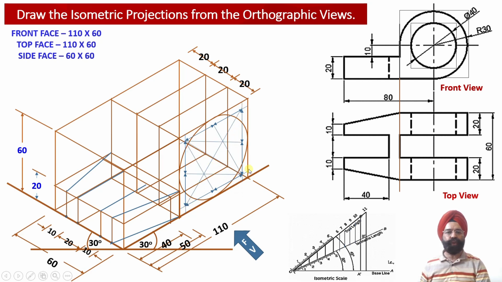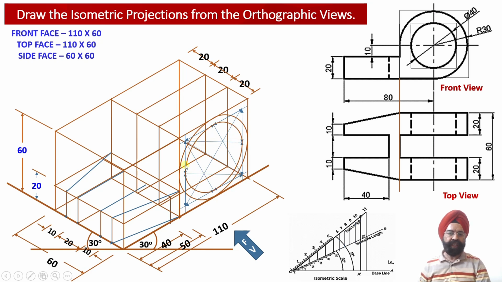Again using the four center method, we join each of the endpoints of the minor diagonal with the opposite midpoints of the edges. Similarly, from this other endpoint of the minor diagonal, we join the opposite midpoint of the edges. Now once again, center points 1, 2, 3 and 4 will be used.